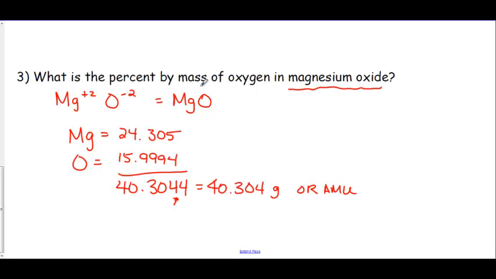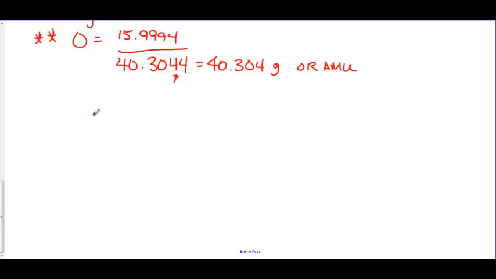Now we want to know the percent by mass of oxygen. So we're going to do the mass of the part, 15.9994, divided by the mass of the whole, which is 40.304, times 100.